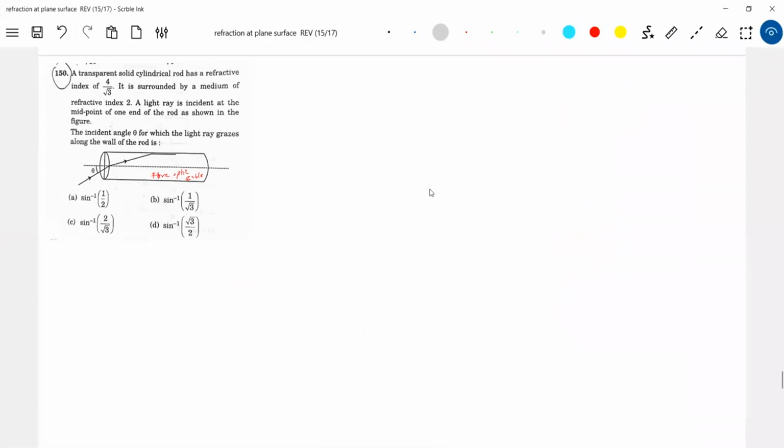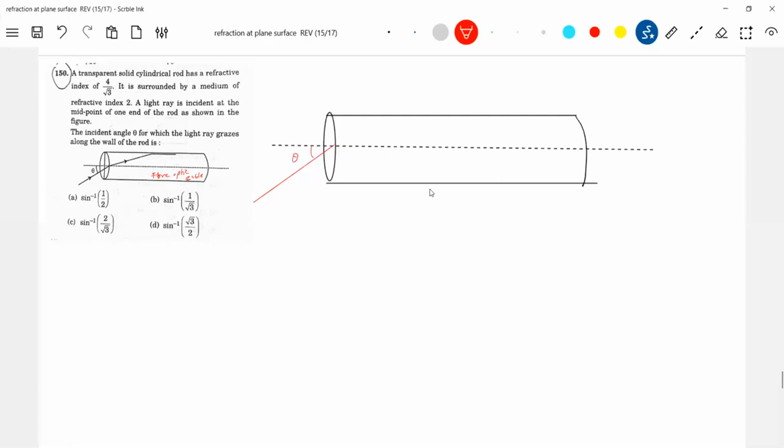So the ray must undergo TIR. This is theta. The ray is moving from mu1 to mu2, which I'll write as 4 by root 3, about 1.7. Going from rarer to denser, it should bend towards the normal.